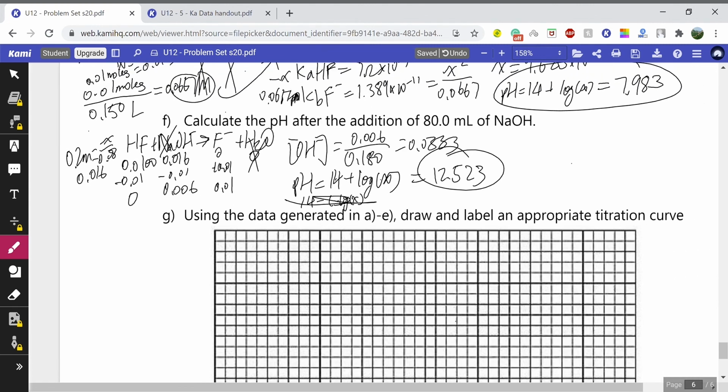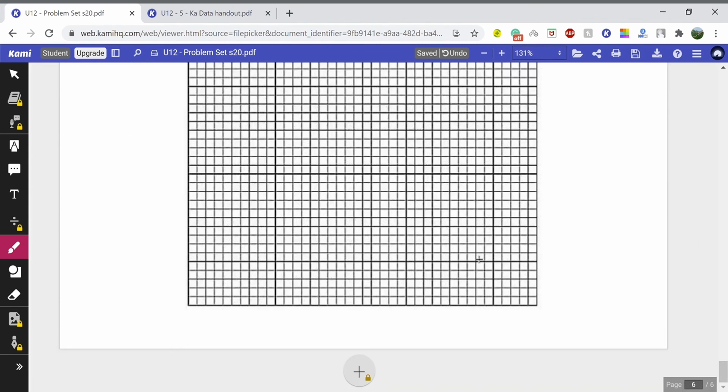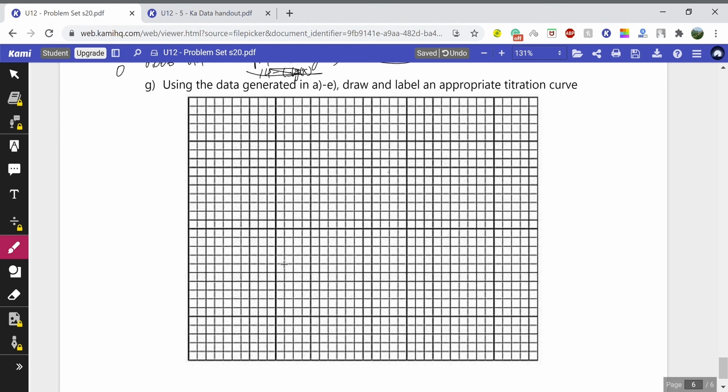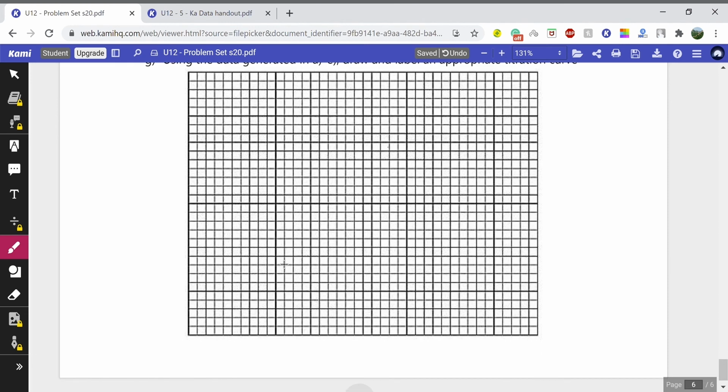Now finally, we need to graph all of those in a titration curve. The x-axis is going to be milliliters, and the y-axis is going to be pH. So let's start. We're going to need 80, right? 2, 4, 6, 8, 10.